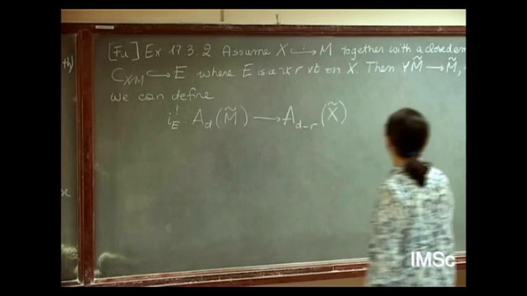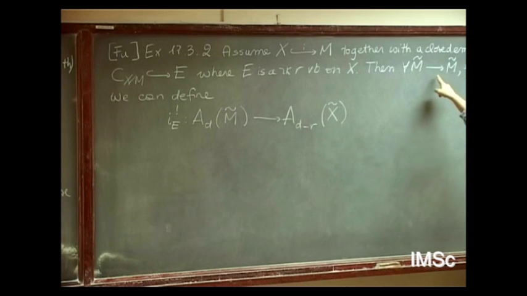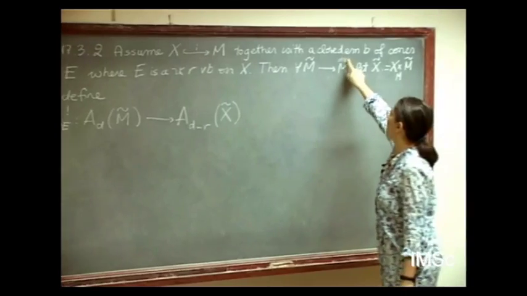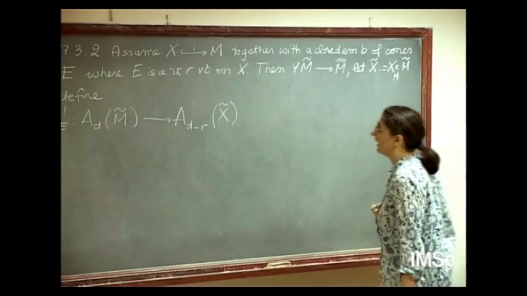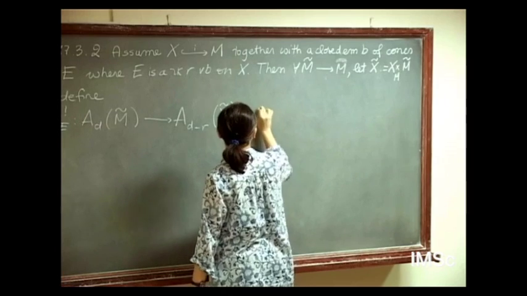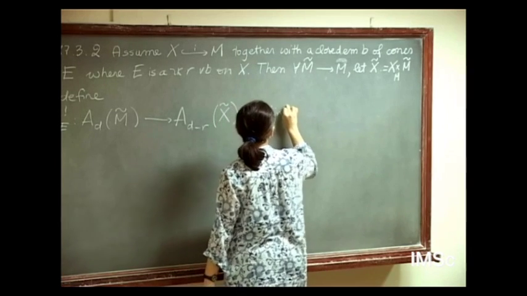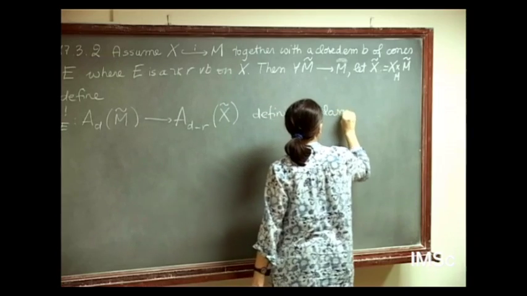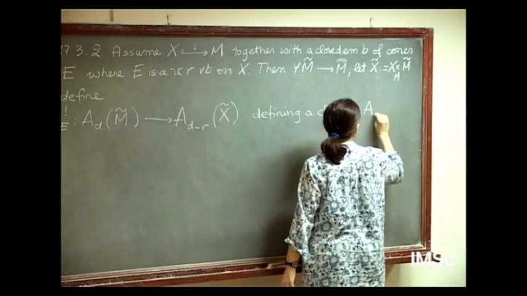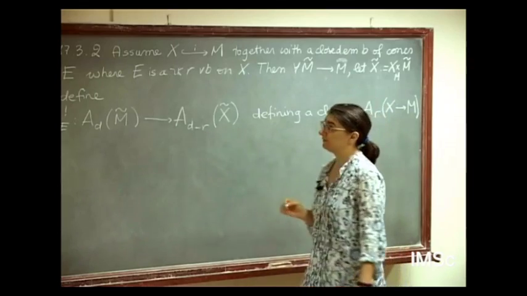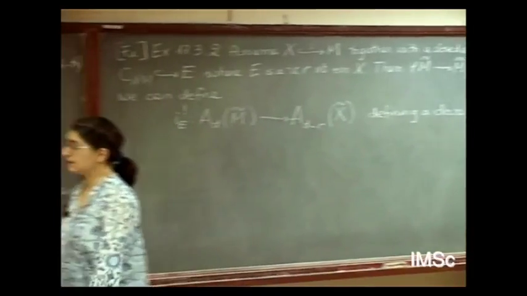Sorry? Say it again. Oh yes, sorry. Thank you. Which defines a bivariant class in AR of X in M. And how do we define it?